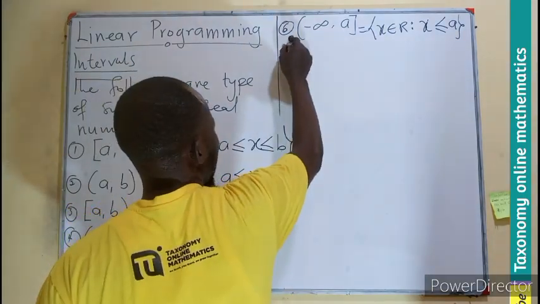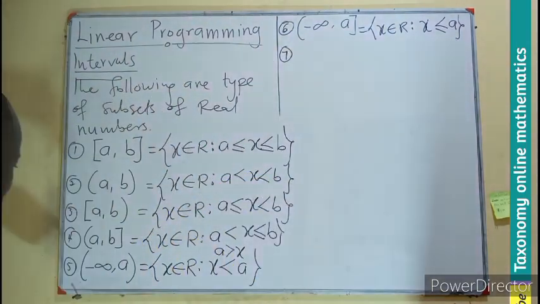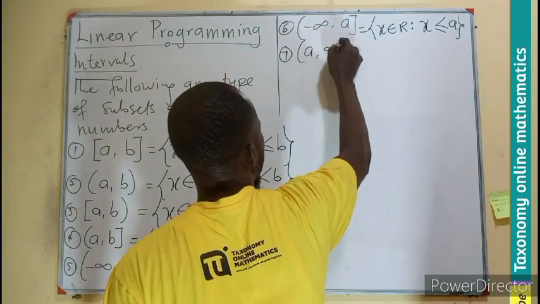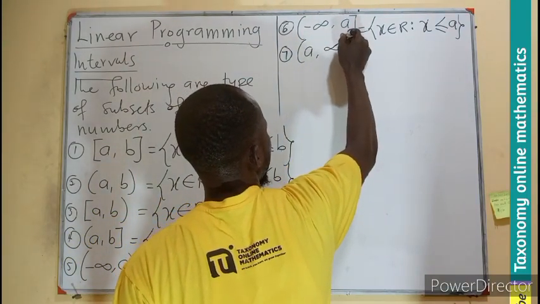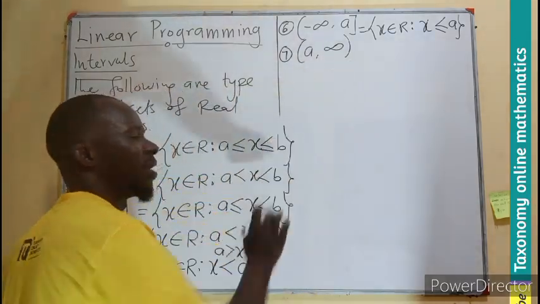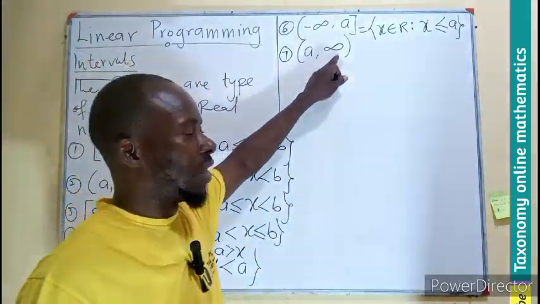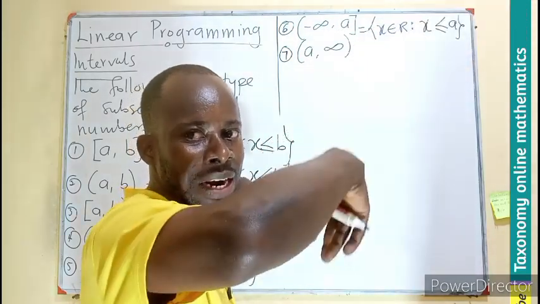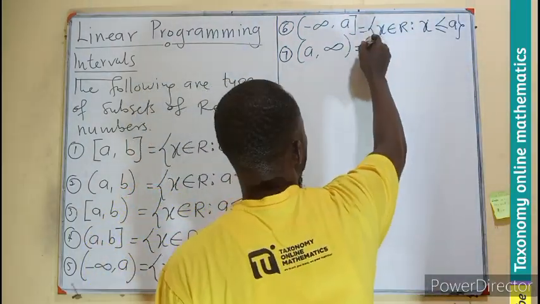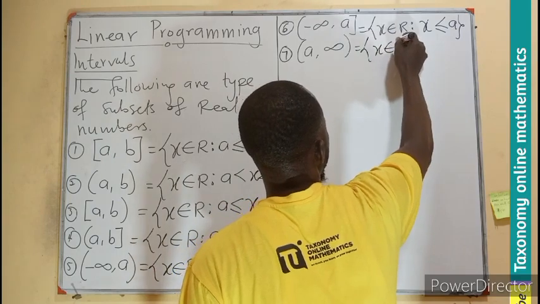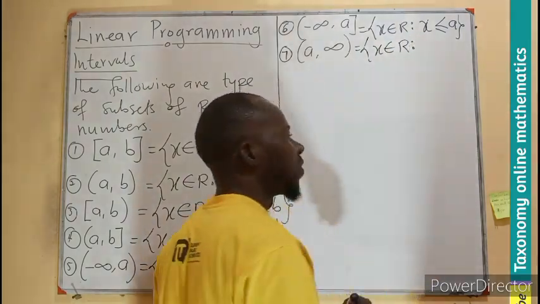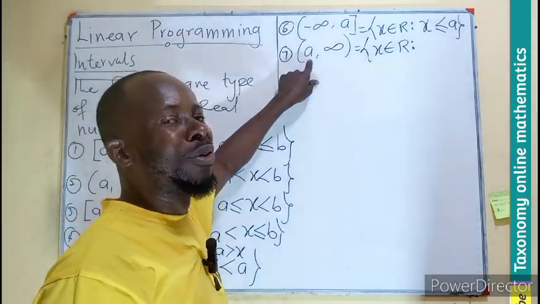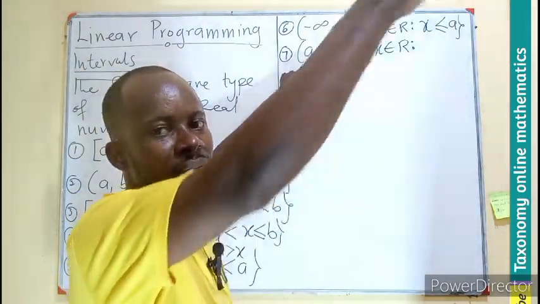Then let's see the case whereby we can also have A to infinity. This infinity means large positive numbers to the right of any number. So we can also have x belonging to R, where we are going from A to infinity.